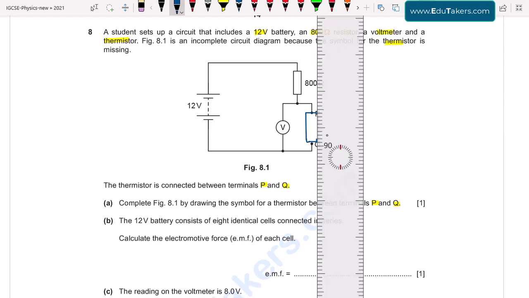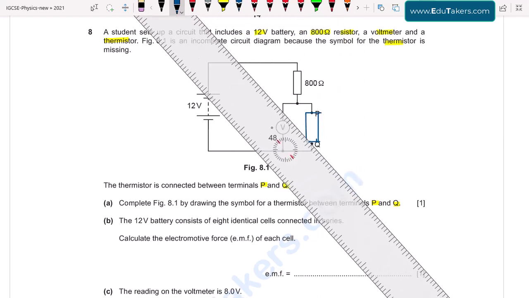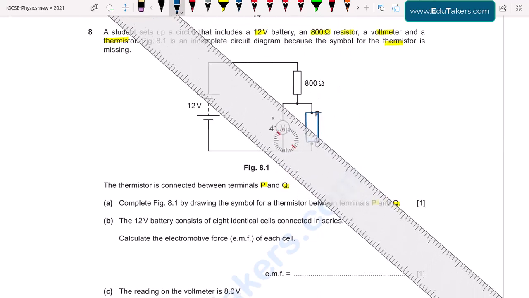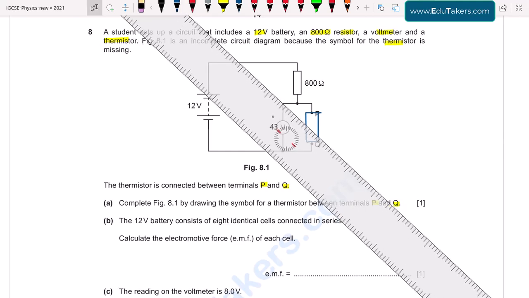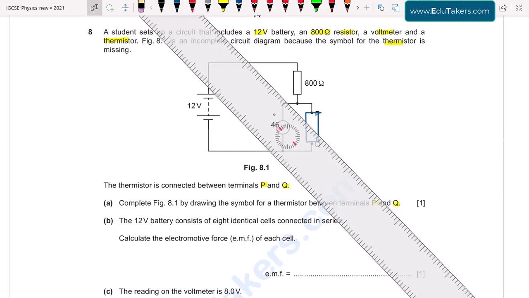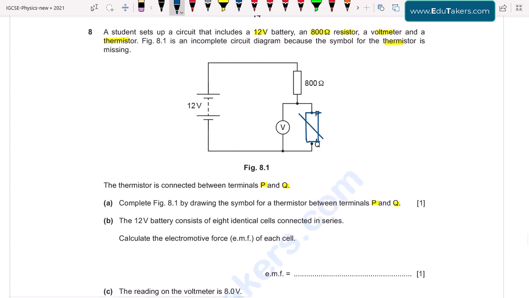So you also have to place a line. This is the symbol for thermistor. Part B.